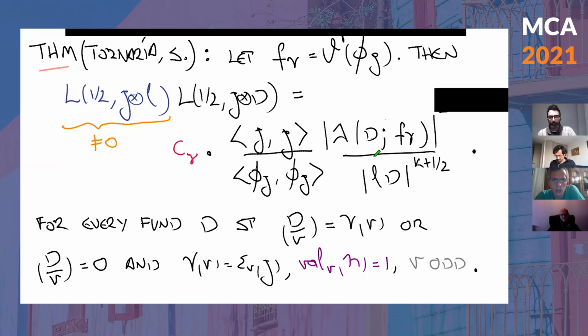And later on, we showed that this vanishes every time. So we do not expect this formula to hold, because this will be identically 0, but this could not be 0.